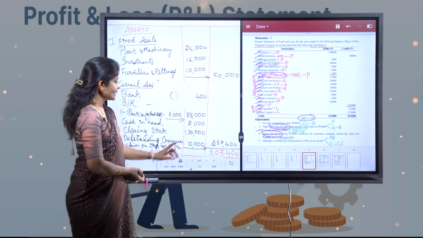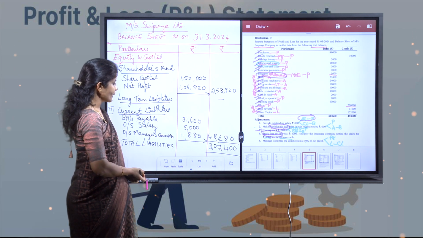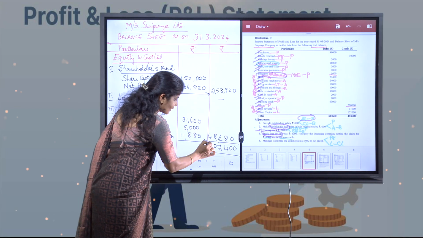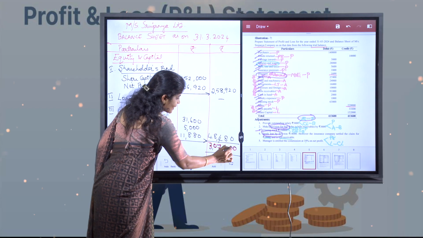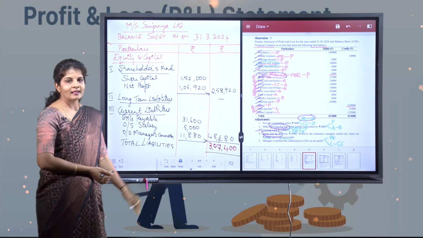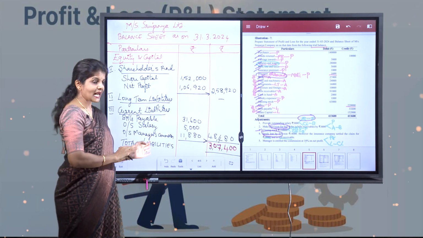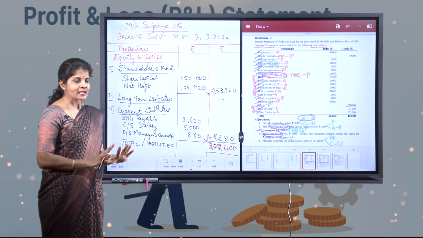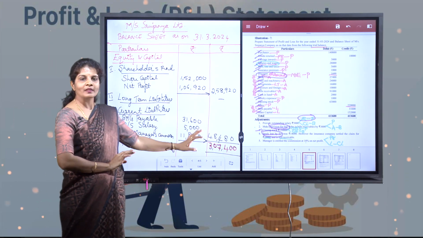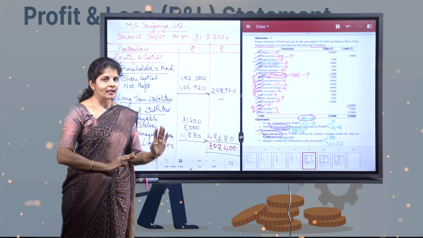It should also be 3,07,400 only. See, we have got 3,07,400 only, correct? So this is the total liability. That means total assets and total liabilities get tallied. It means we have adjusted everything and the problem is correct.